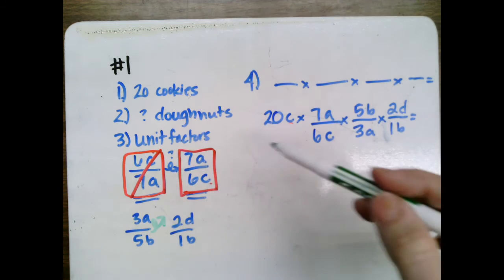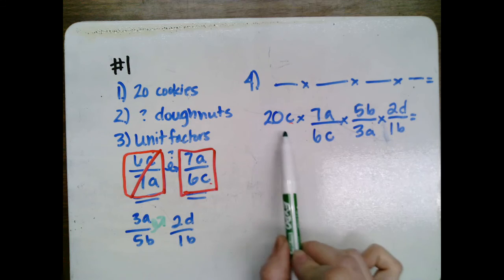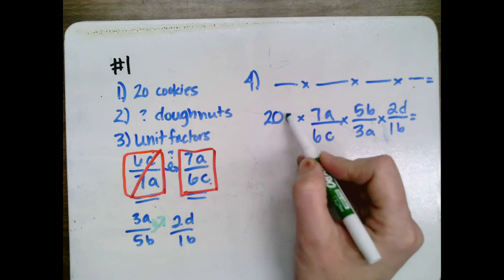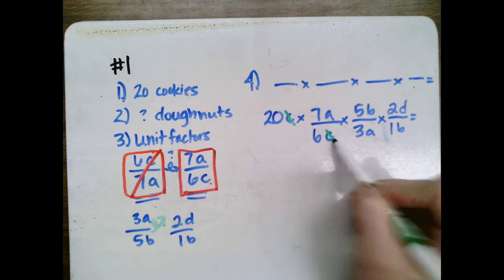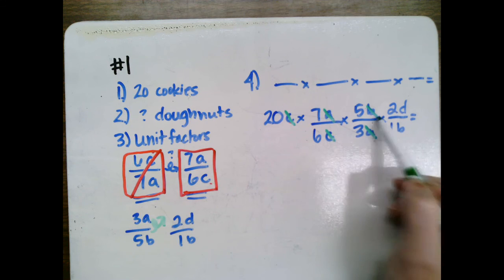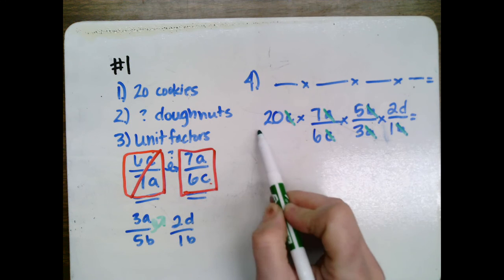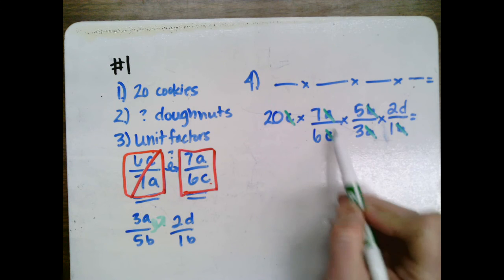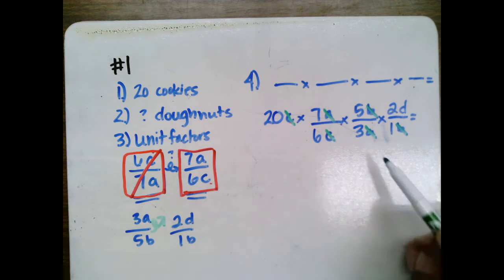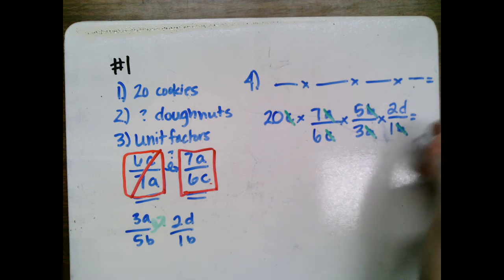So when we're going from cookies, if cookies is in the numerator here and in the denominator there, we can get rid of those cookies, and then apples, and then bananas, right? I've started with what I know, and I have changed it using the tools I've been given as these unit factors to find donuts, okay?